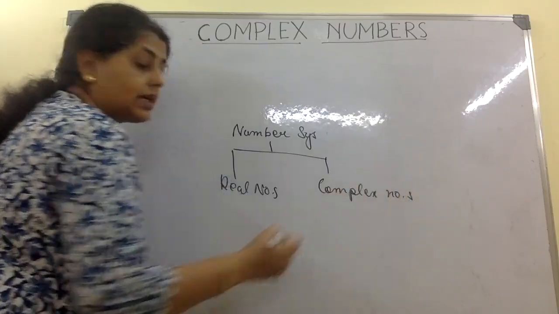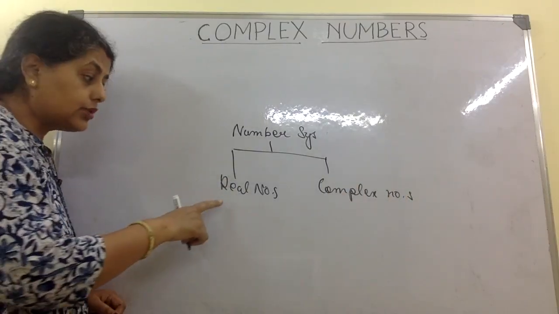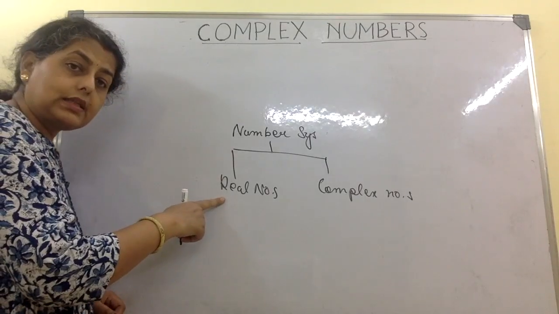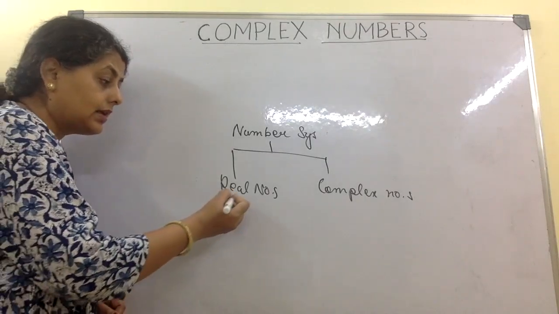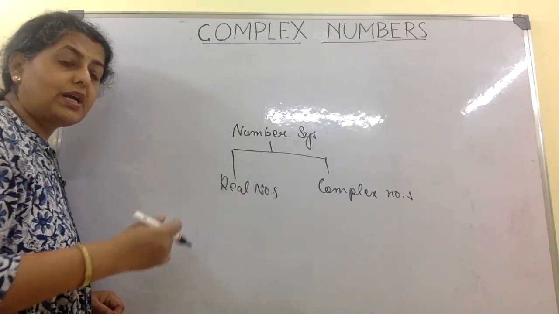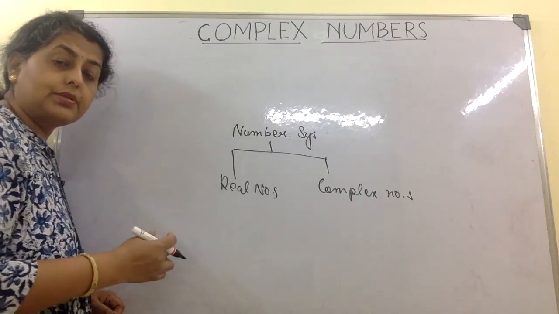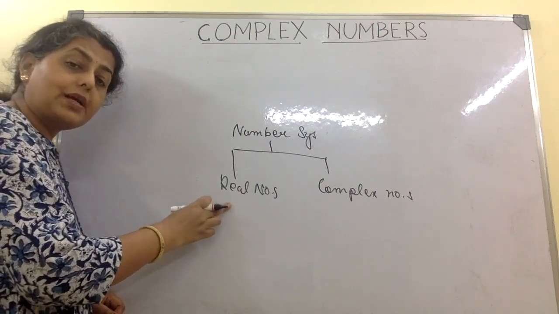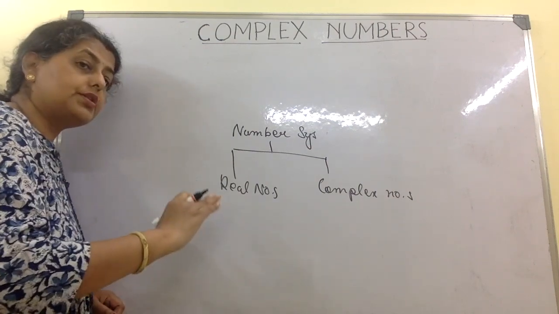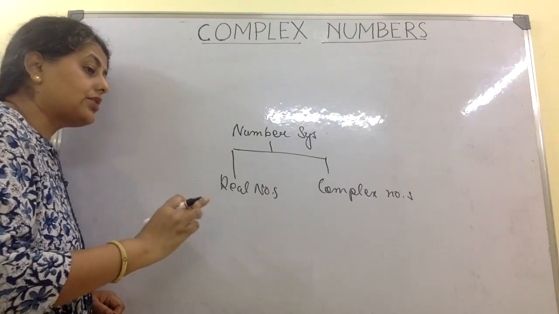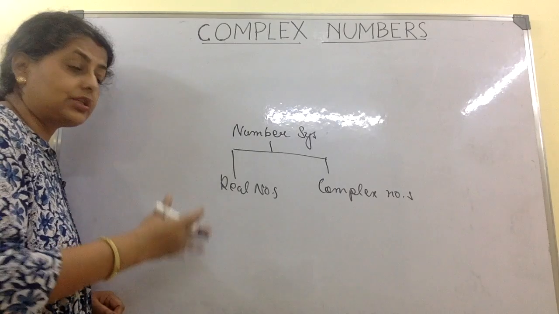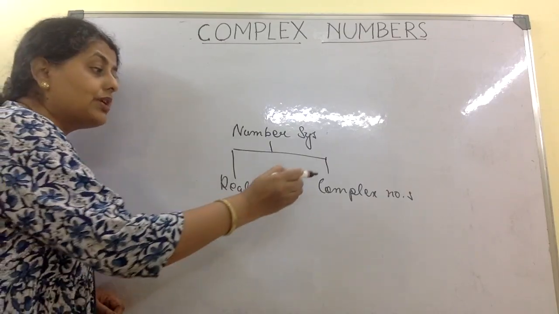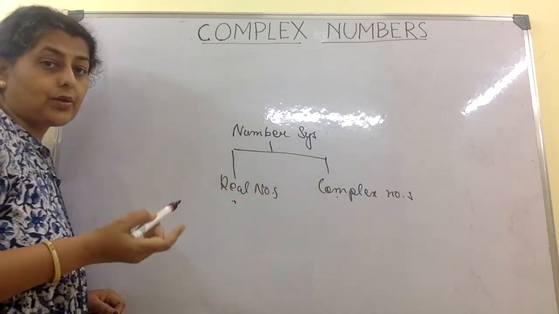You had been doing real numbers till class 10. You had natural numbers, integers, rational numbers, irrational numbers. Everything, whole numbers, natural numbers, was under this. We are now starting with complex numbers.